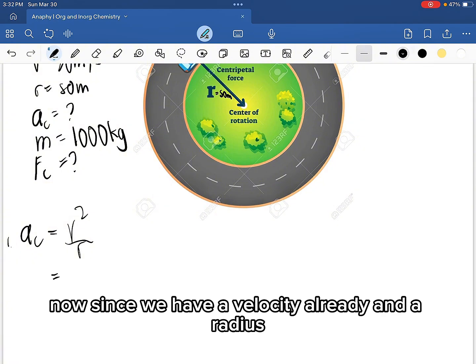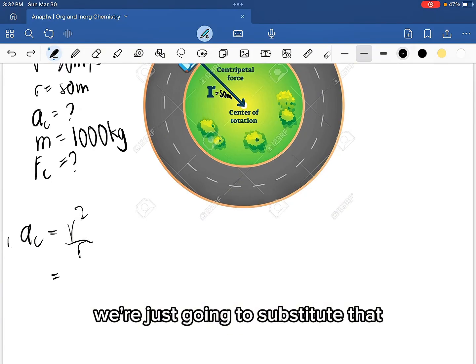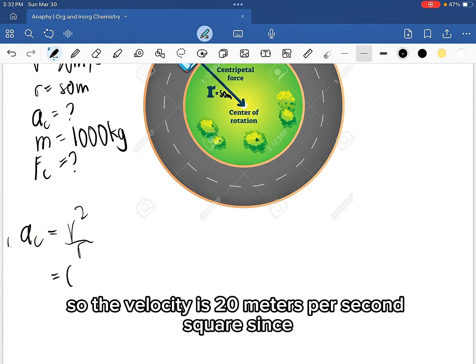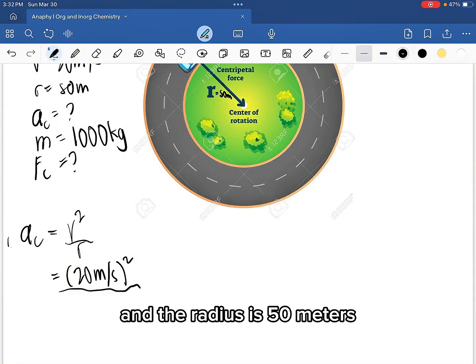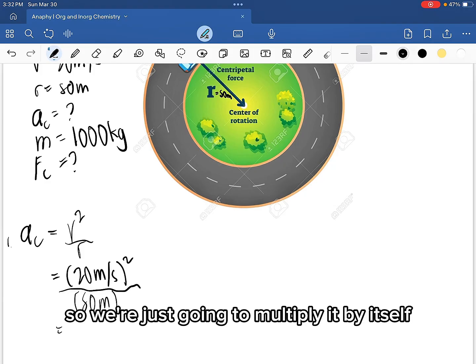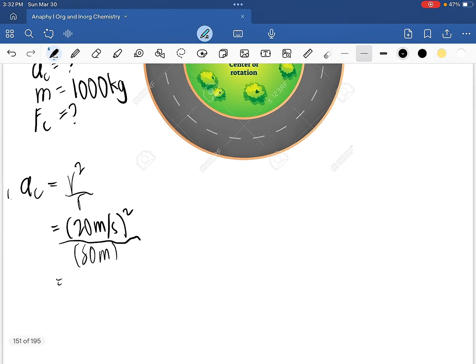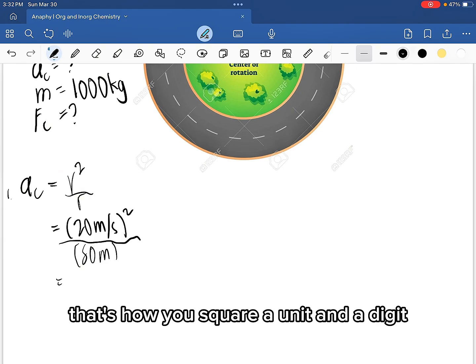Since we have a velocity already and a radius, we're just going to substitute that. So the velocity is 20 meters per second squared, since it has a square right here. Oh, I'm sorry. And the radius is 50 meters. Now we're just going to multiply it by itself and double the units, since that's how you square a unit and a digit.